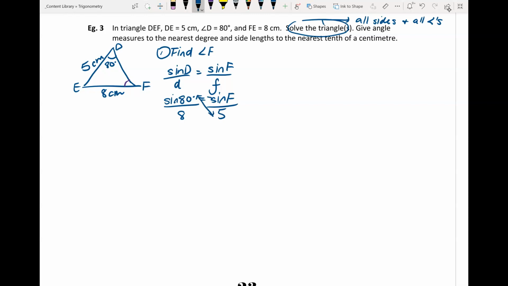So from here, I'm going to cross multiply and divide. So that's 5 sine 80 is equal to 8 sine F. I'm trying to isolate F, so I'm going to divide both sides by 8. So sine F is 5 sine 80 over 8. And then to find our angle F, I'm going to take the sine inverse of both sides.